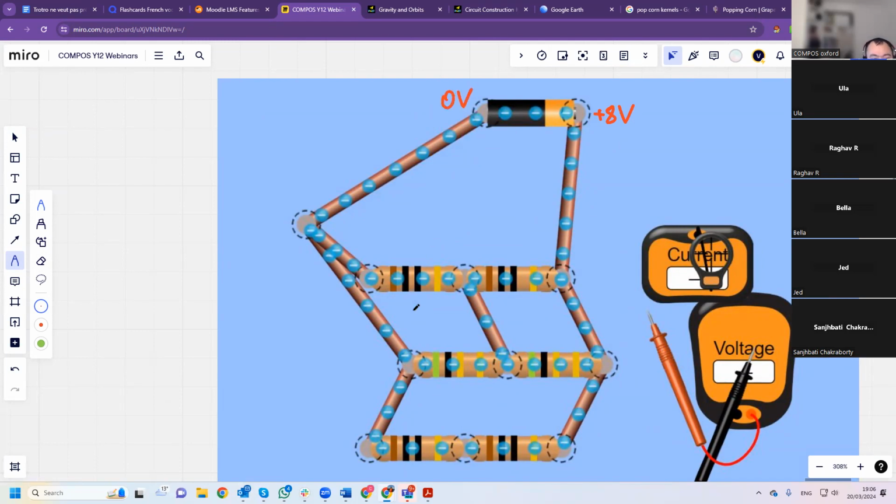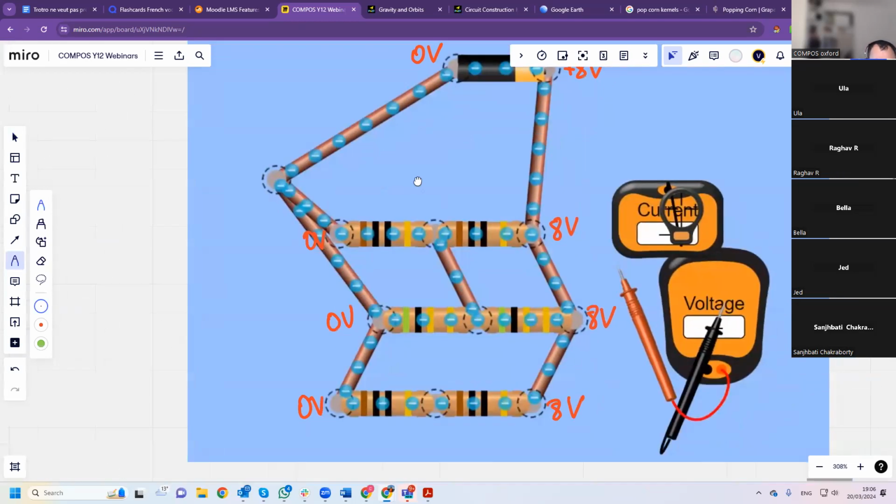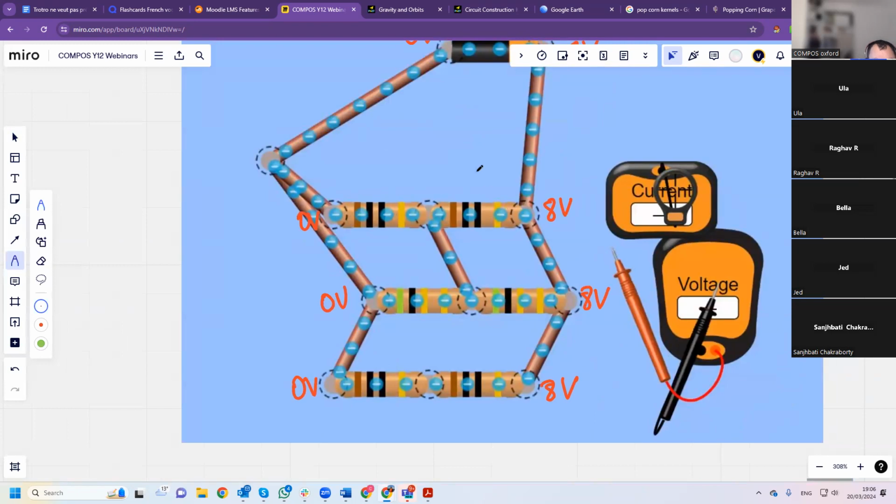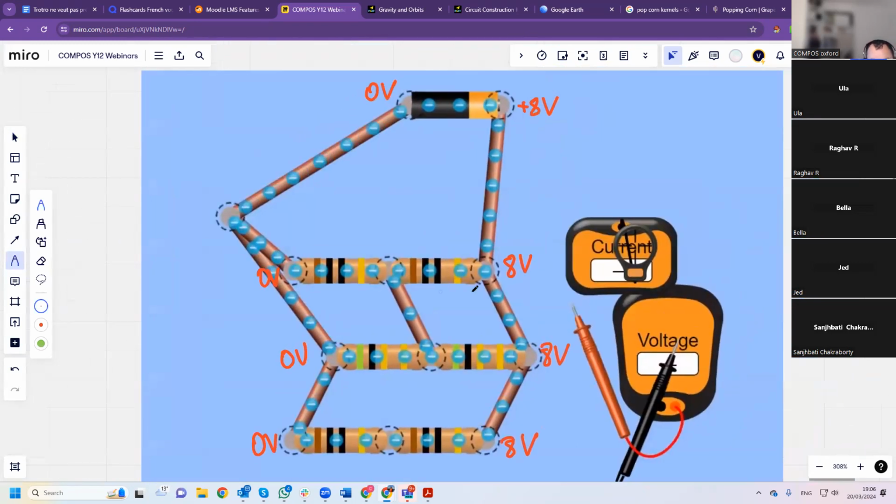Here's 0 volts. This is the potential: 8 volts, 8 volts. This is 0 volts, 0 volts, 0 volts. So we have a potential difference, and that's why current flows between the 2 points.